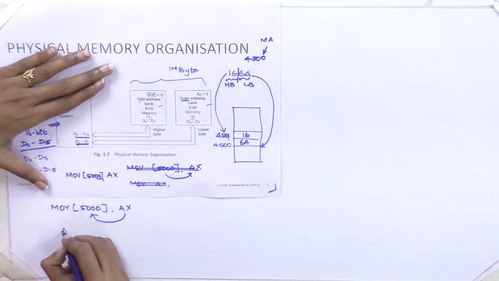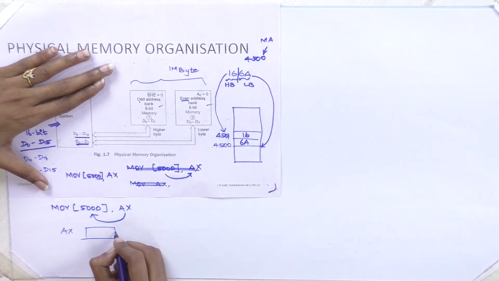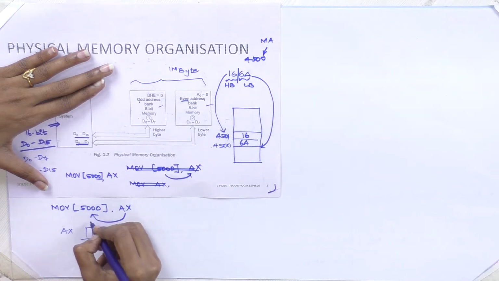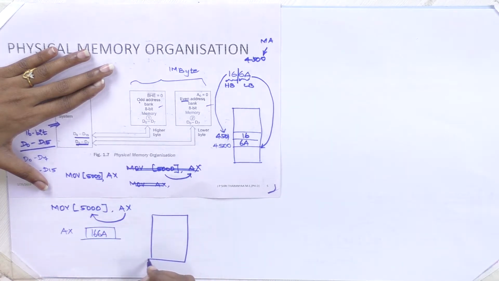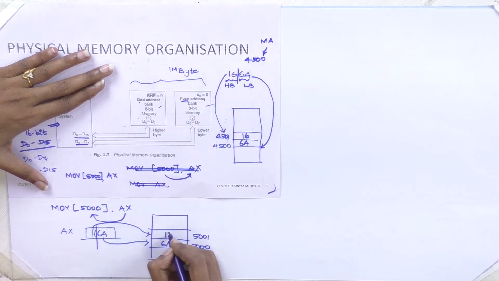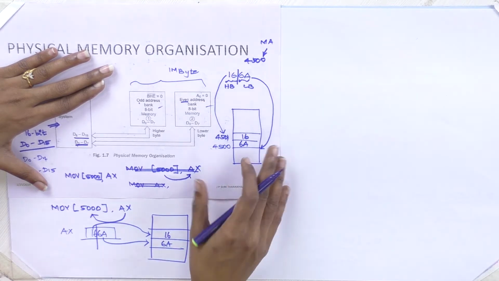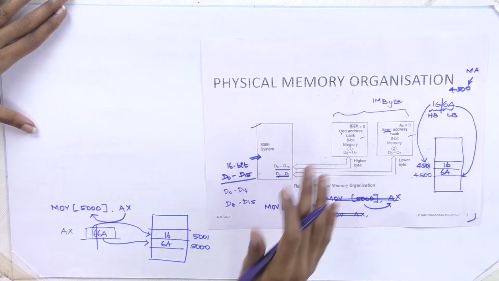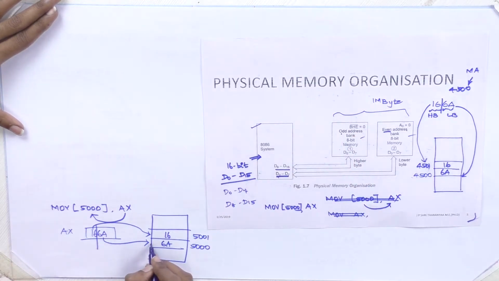AX is a register, it will have some data as we have taken there. The location that we have mentioned here is 5000. The lower byte of data will be stored in the even address 5000, 6A, and the higher byte in the odd address 5001, 16.